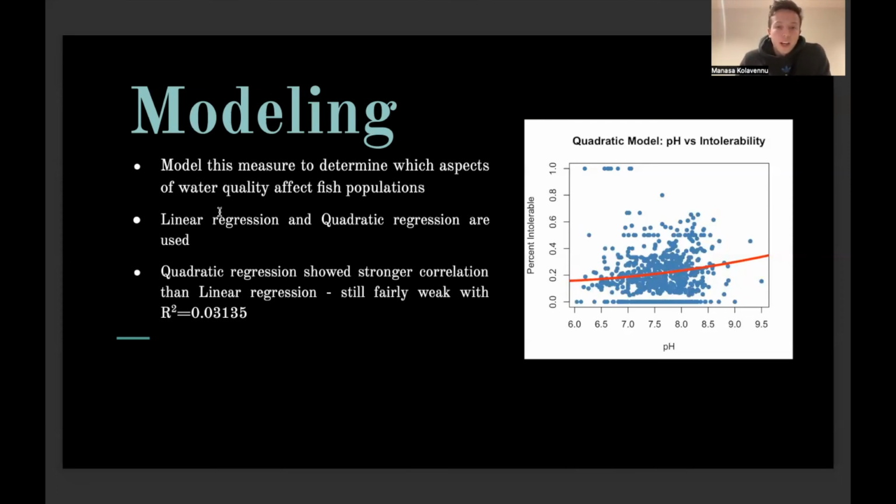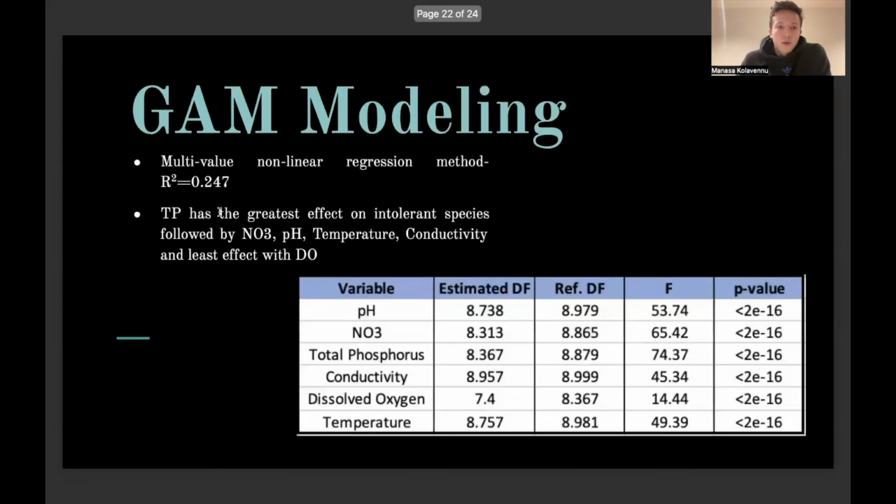So we then ventured into a multi-value regression method using general additive modeling. And in this format, we were able to create a model using all 6 of these water quality variables to then see how well we can estimate the variance within the species intolerability.